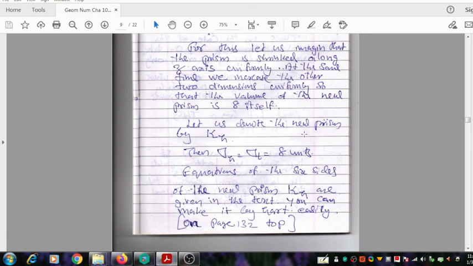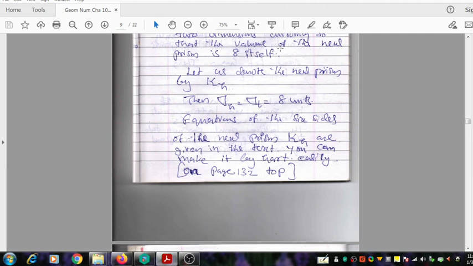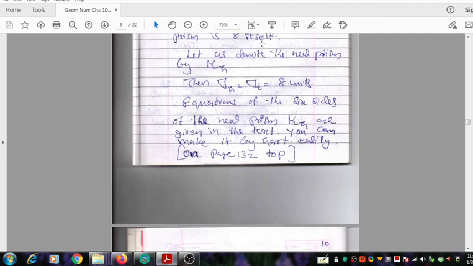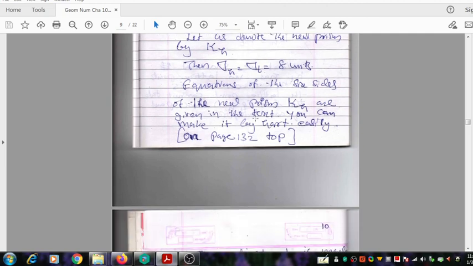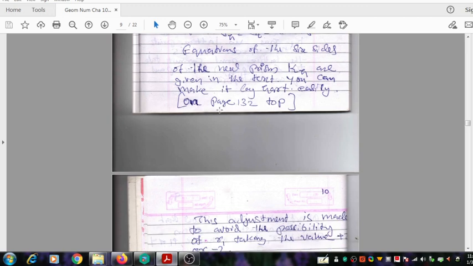Here del stands for the volume: the volume of kh equals the volume of kt equals 8 units. The equations of the 6 sides of the new prism kh are given in the text, and you can learn them by heart easily. You can read it and you can make it.